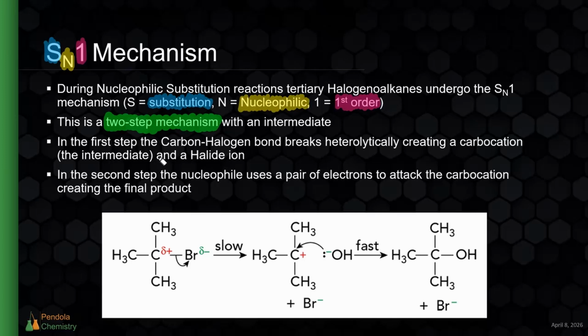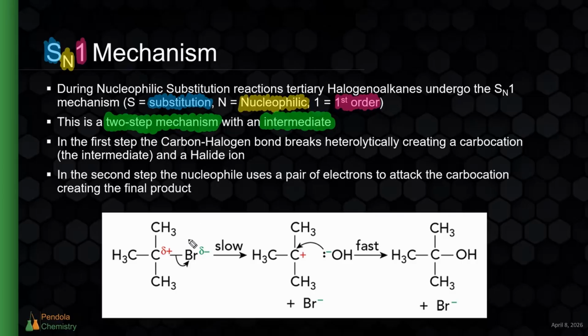meaning that they are going to happen one thing at a time. With these SN1 reactions, we get what we call an intermediate. The intermediate is the molecule formed between the two steps. It is not hypothetical. It is not a theoretical representation like it was with the transition state. It is a molecule that is stable enough to exist, even for a short time, and show evidence of that molecule existing.